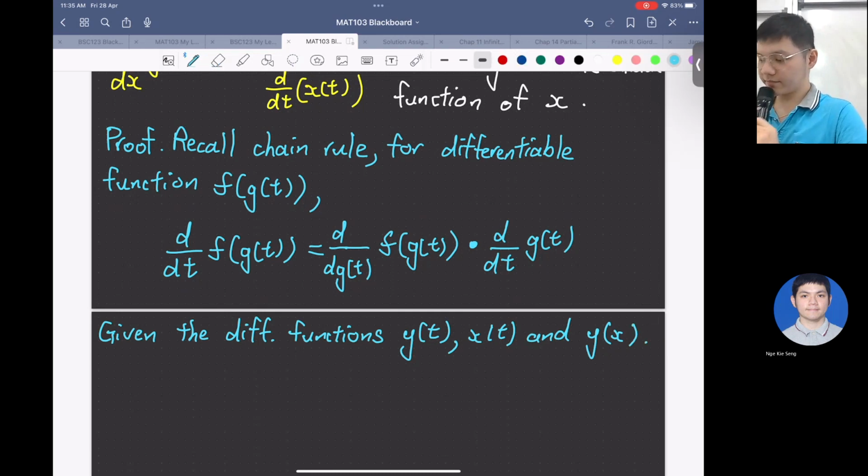Let's just call it y(x). So how do we apply the chain rule?